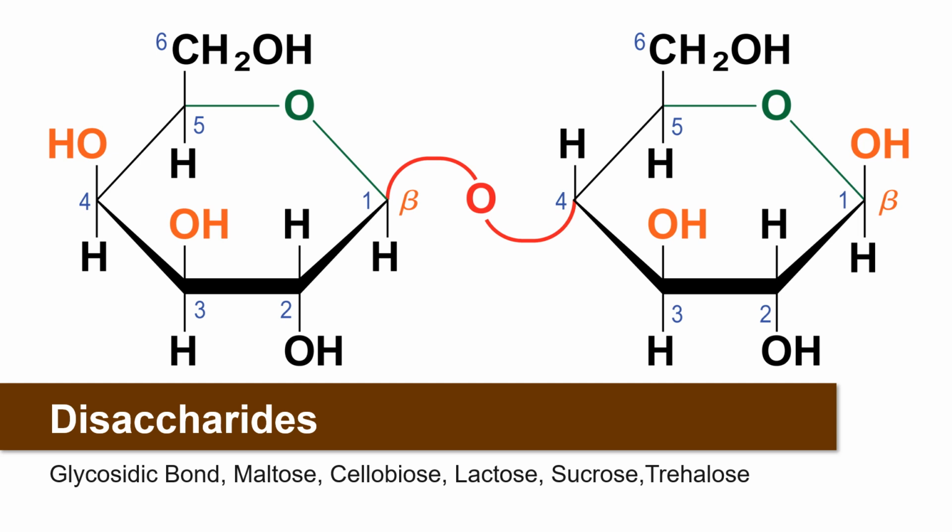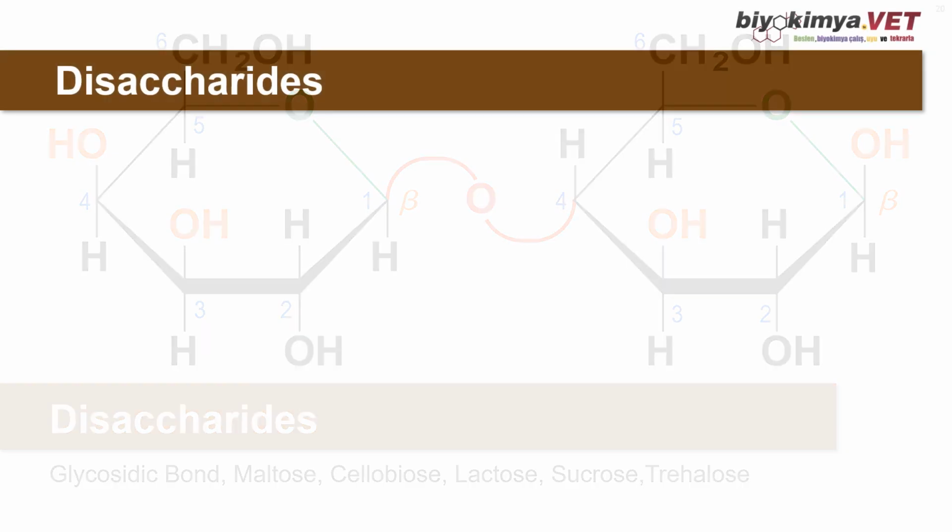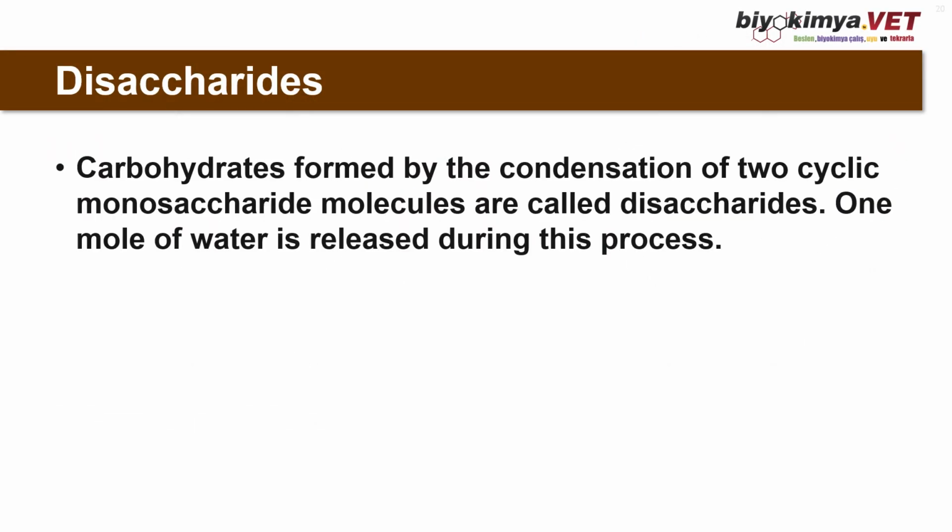And now the title is Disaccharides: Glycosidic Bond, Maltose, Cellobiose, Lactose, Sucrose, and Trehalose. Carbohydrates formed by condensation of two cyclic monosaccharide molecules are called disaccharides. And look, two cyclic monosaccharides.